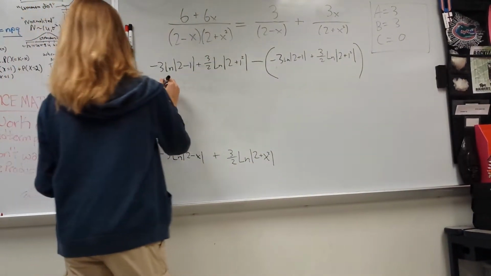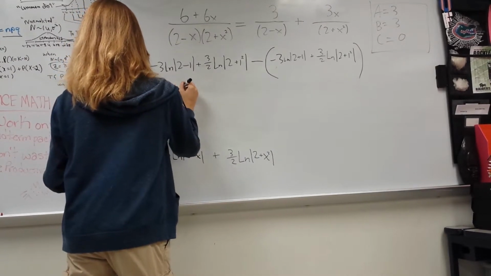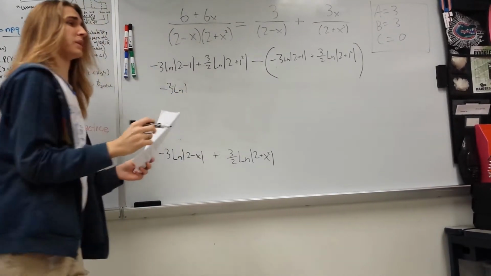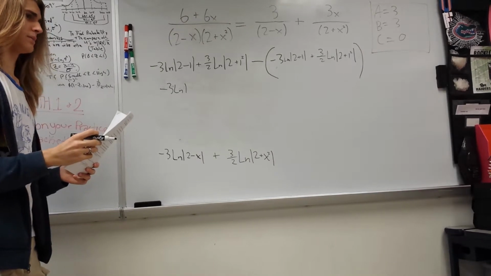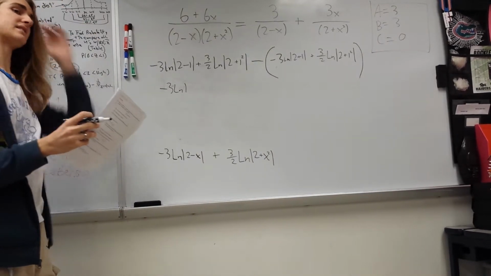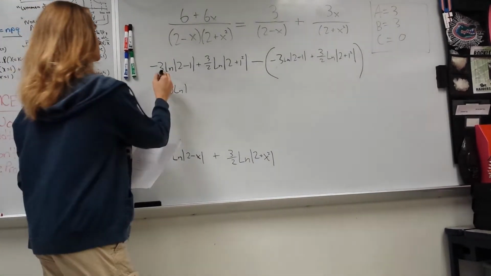So simplify this. This is negative 3 ln of 1, and ln of 1 is 0, so that cancels out. Forget about that.